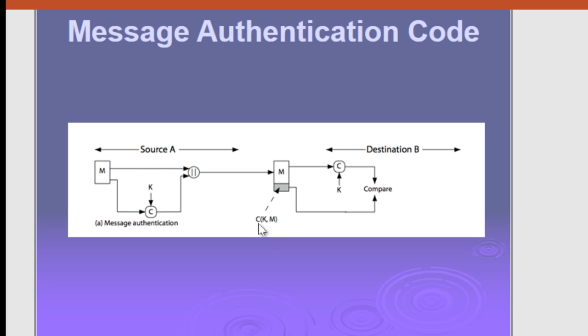Here it is written C of K comma M, that is, the checksum is calculated using the key K on the message M. Now the receiver takes this checksum value and calculates the same checksum on the plain text, just like the sender, using the same key.